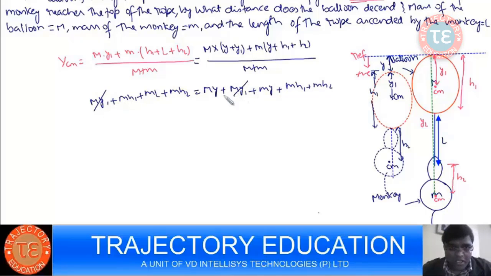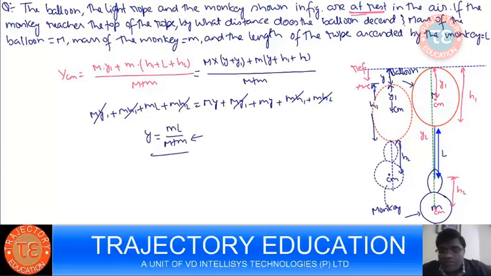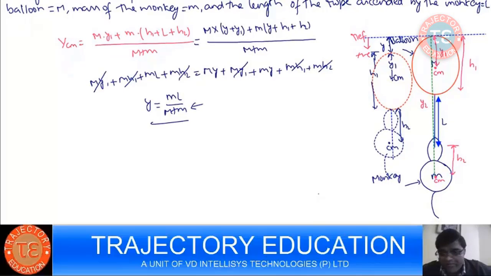So this will cancel out, and your y is going to be mL upon M plus m. So the balloon will descend by this magnitude, this y distance. That's how we can use the concept of center of mass to solve this problem.